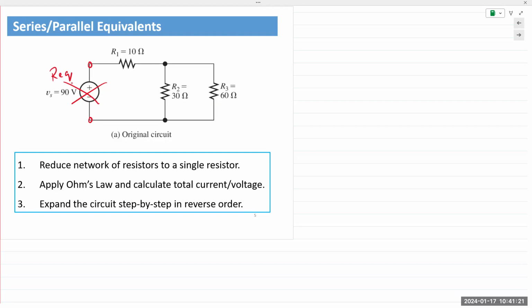So this is your source, that's your circuit. You reduce it down to one single element. You find the voltage or current as the case may be, and then you expand it back up step by step in the exact reverse order that you compressed it. Okay. So the first step is reduce. Second is apply Ohm's law. Third is expand the circuit again.